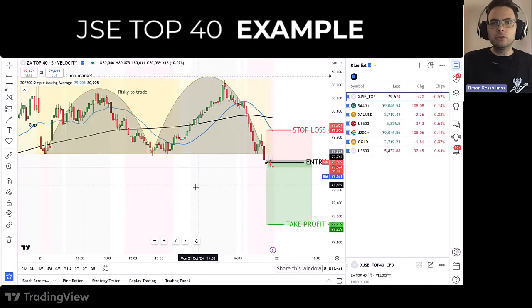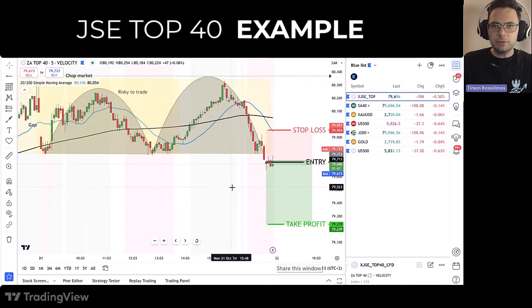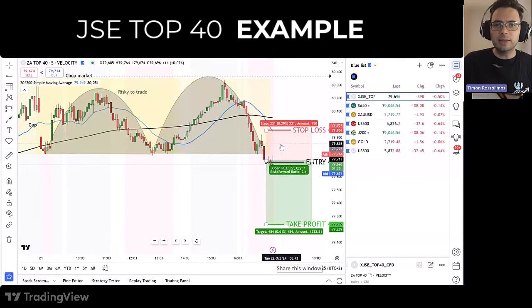So this is a sweet point for the multi-trader system, is that we let the market move 0.3% to risk of the JSE Top 40. 0.3% is a safe percentage of movement.